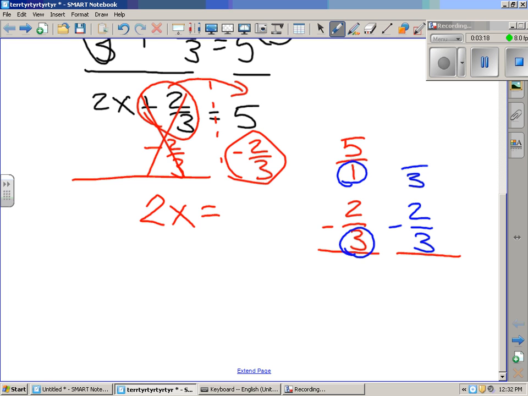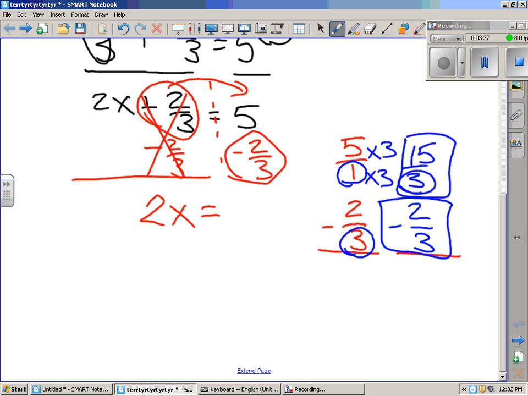So the negative 2/3 does not change. However, the 5/1 does change. We multiplied 1 times 3 to get this 3 in the denominator. So we also must multiply the 5 times 3 to get the numerator. So we get 15/3 for the numerator, and this is still negative 2/3.